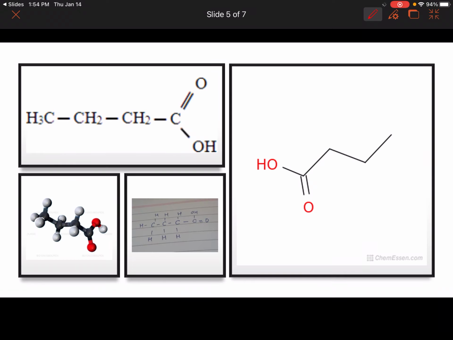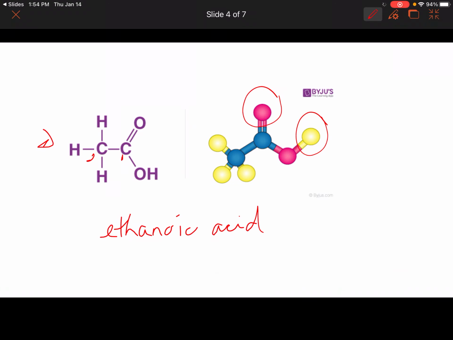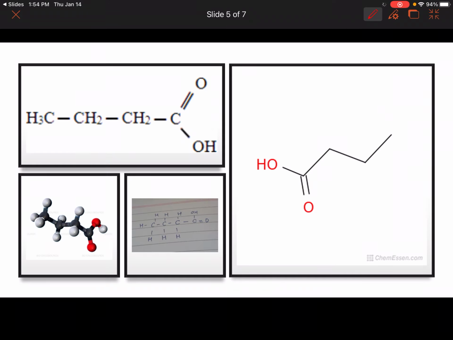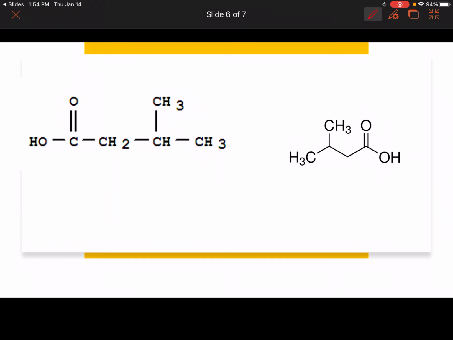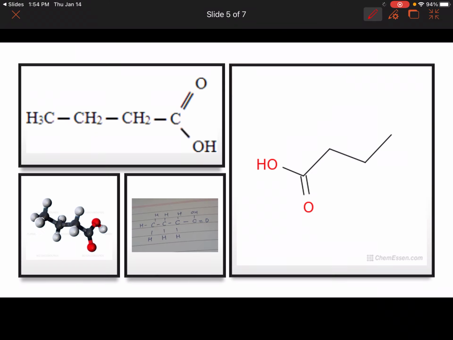Good. Next, we've got this one. Again, I'm just showing you different representations of this. I think I missed one. Sorry, guys. Hold on. 1, 2, 3, 4. Oh, shoot. What did I do? This is the wrong one. Take one of these carbons out here.